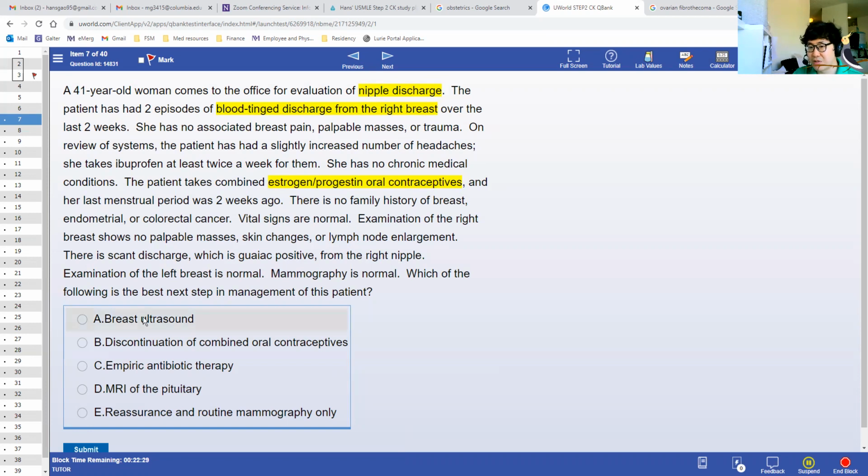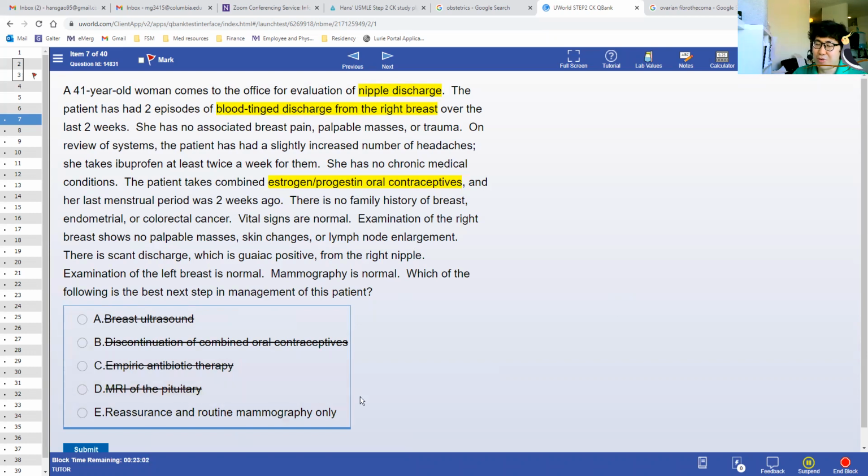Yeah, you wouldn't use a breast ultrasound for this. That's for younger patients. You just don't do it unless you suspect there's a cyst or something. We don't see that here. Discontinuation of OCPs. I think she should, but maybe it's not the best next step. Empiric antibiotics. No, this is a pretty convincing case of ductal disease in which you get intraductal papilloma, where you just get a bunch of junk building up inside the actual ducts.